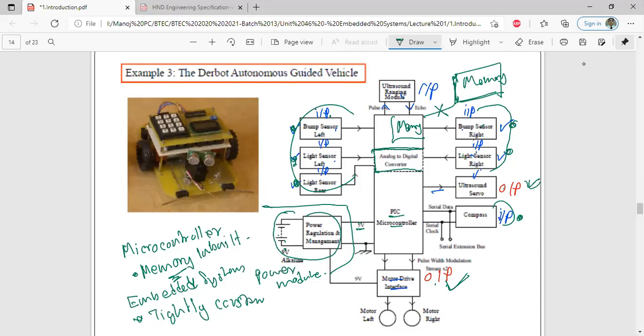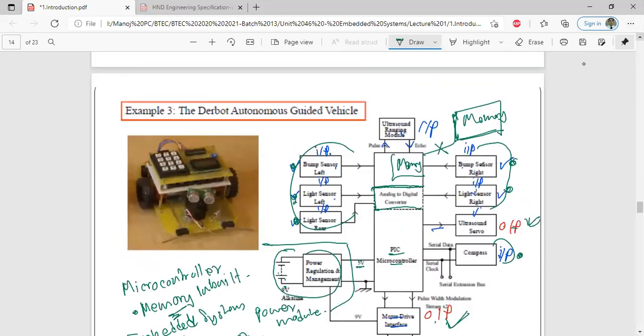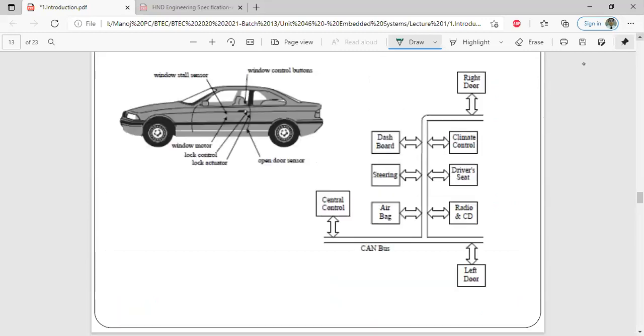So those are the main things: there should be inputs, outputs, and the power part. The memory, in most cases we don't need. It is hardly ever that we need a memory outside the microcontroller, right?